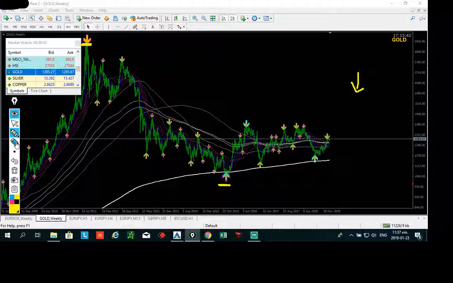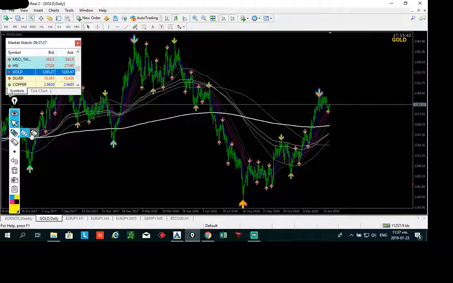If we drill down to a daily, how we're going to get there is the fact that we got the yellow arrow down here. We've got the bluish, a strong movement down. We got the bluish one there, and then we see a small red one, which indicates that the market can move up to there again, or it can just drop down.